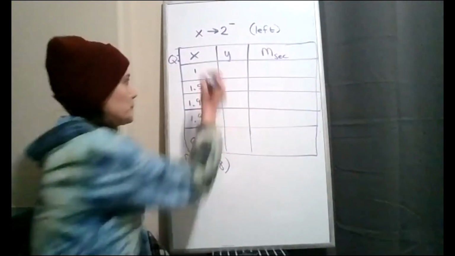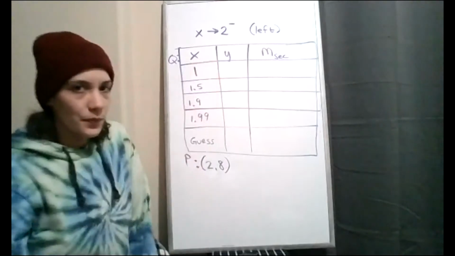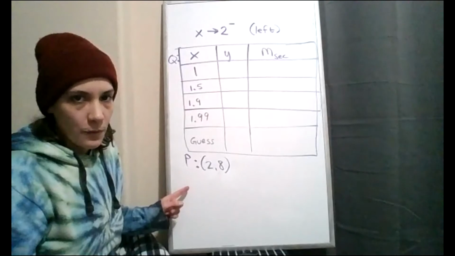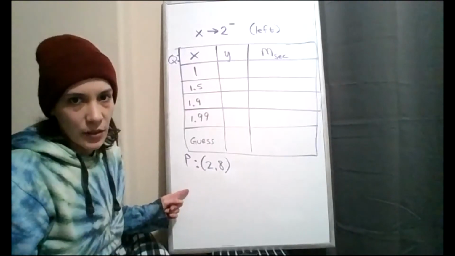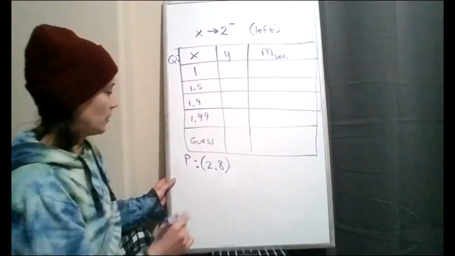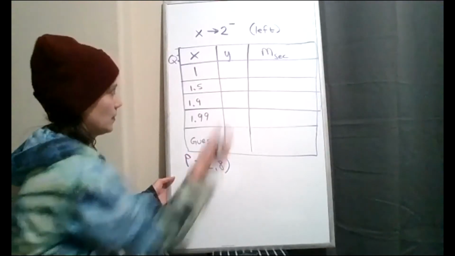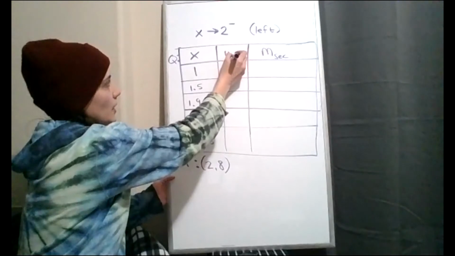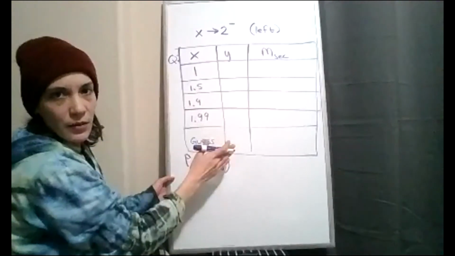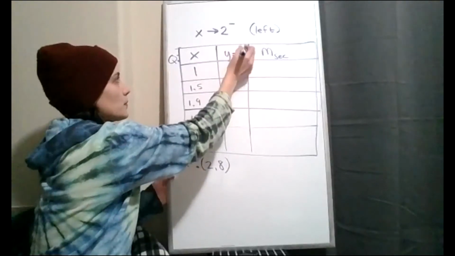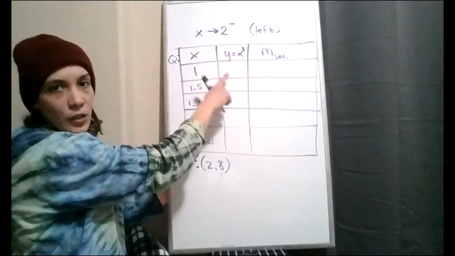Okay, so we can do the first one by hand. Let's fill out the y values first. So this is y equals x cubed. 1 cubed is 1.